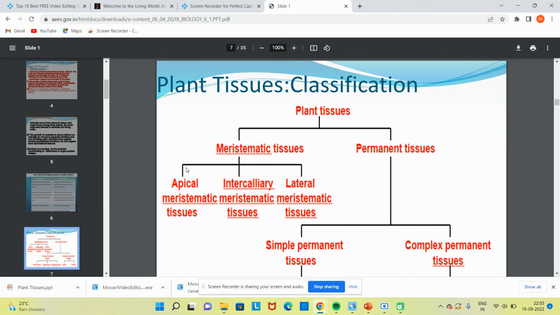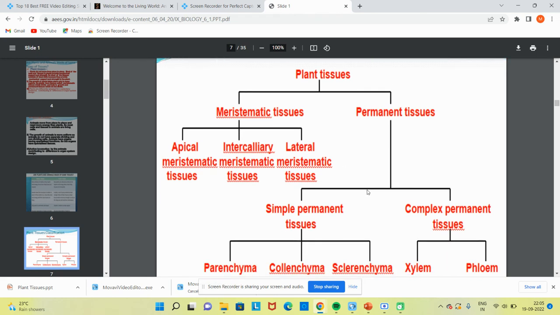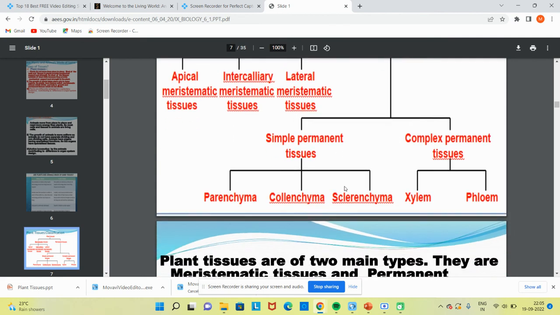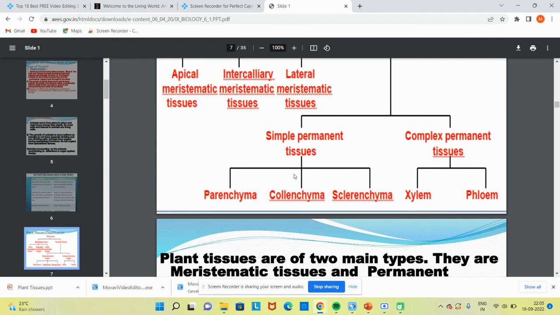Meristematic tissues are classified into three types: apical meristematic tissues, intercalary meristematic tissues, and lateral meristematic tissues. Permanent tissues are classified into two types: simple permanent tissues and complex permanent tissues. Simple permanent tissues are again classified into three types: parenchyma, collenchyma, and sclerenchyma.